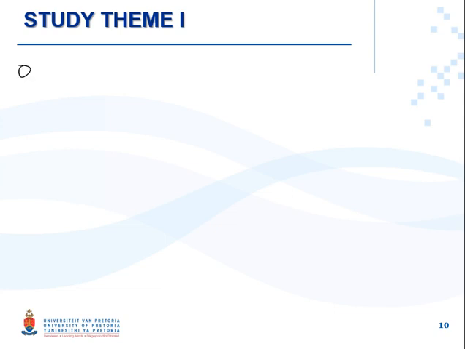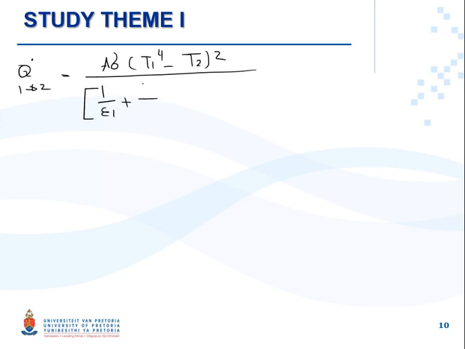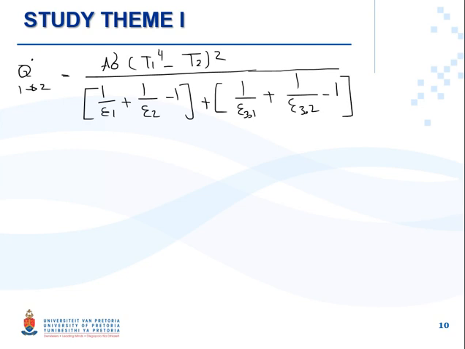In this case, we can say Q dot 1 to 2 is equal to, the driving force will stay the same, A sigma T1 to the power of 4 minus T2 to the power of 4, but here we can write it like this: 1 over epsilon 1 plus 1 over epsilon 2 minus 1, plus 1 over epsilon 31 plus 1 over epsilon 32 minus 1. So that was for one shield.